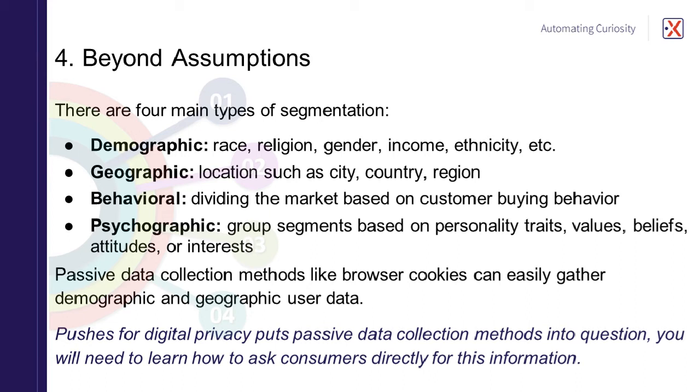And the fourth way to segment your data is more psychographic, where it's based on things like personality traits, values, motivation, attitudes, or interests. Now, all of these are important, and all of them are useful, and all of them have the business case actually to make.